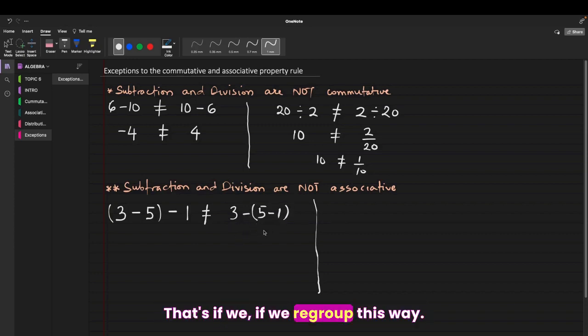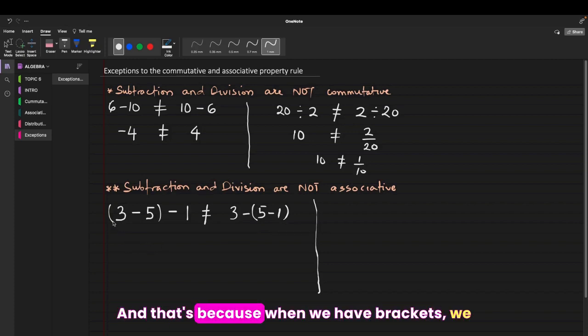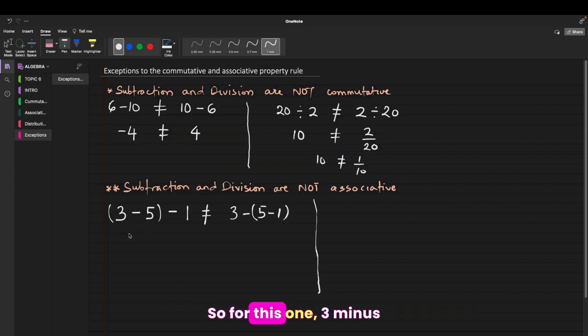That's if we regroup this way. And that's because when we have brackets, we must evaluate the numbers in the bracket first. So for this one, 3 minus 5 is minus 2, minus 1, right? Minus 2 minus 1 is minus 3.